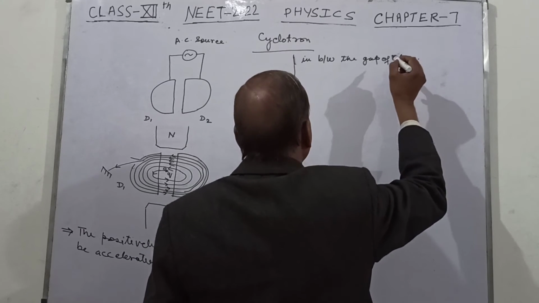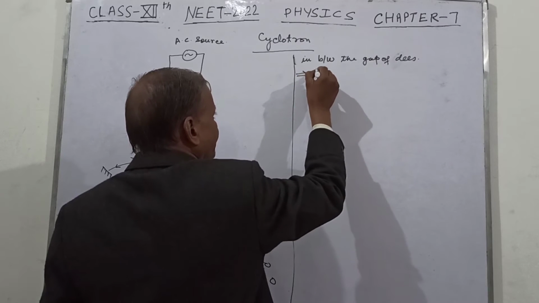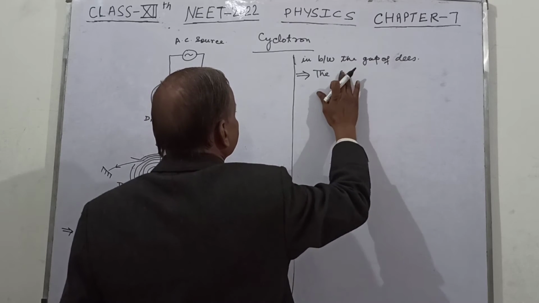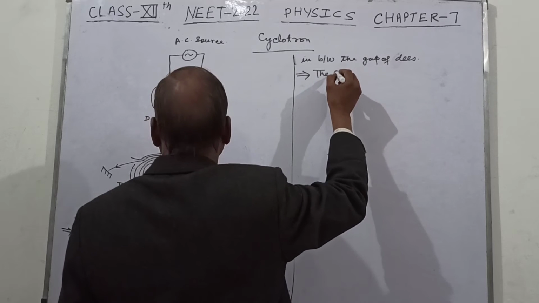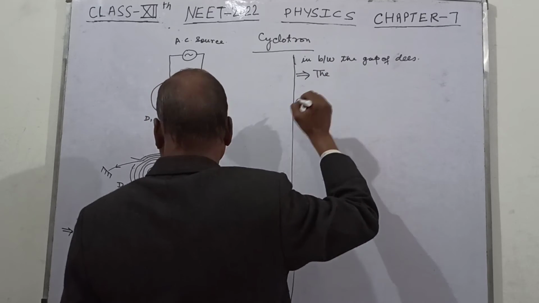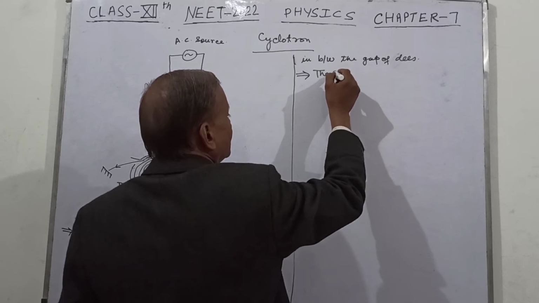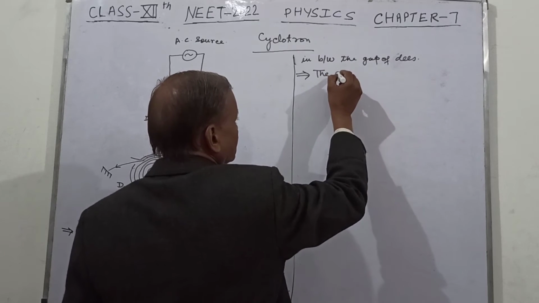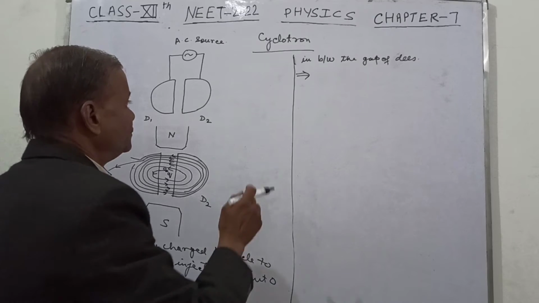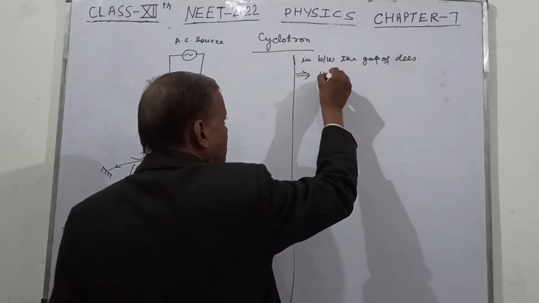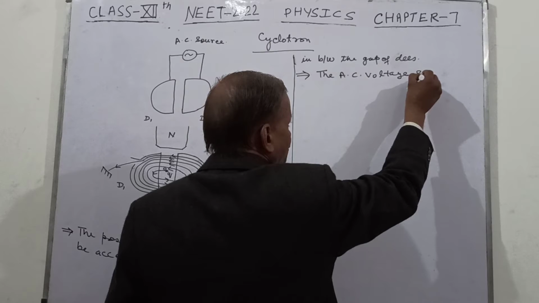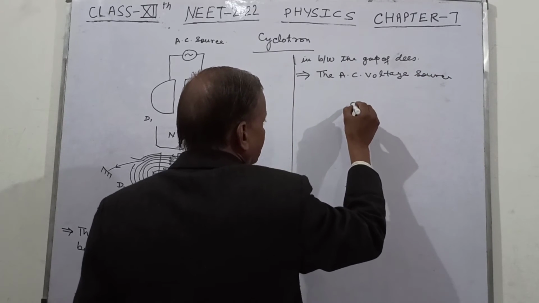The radio frequency AC voltage source is like this.